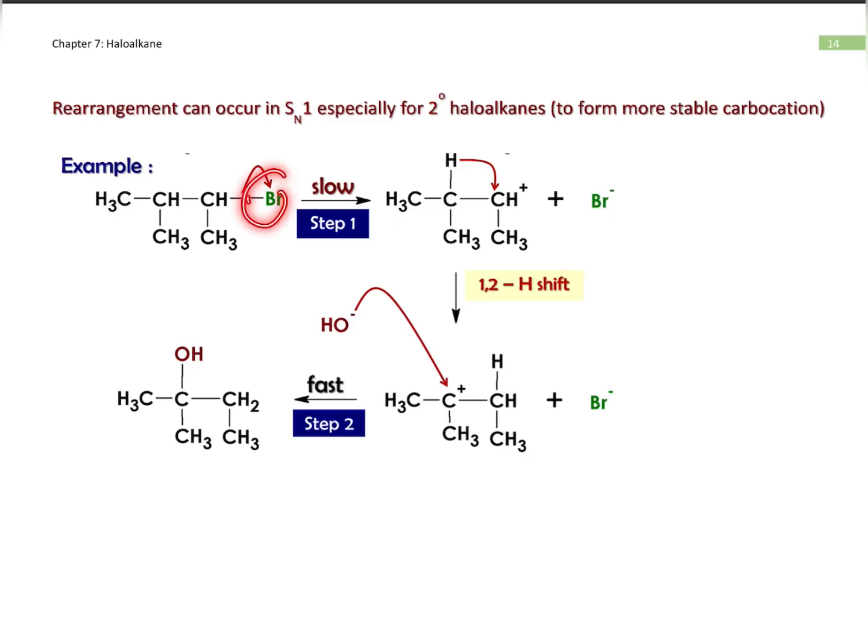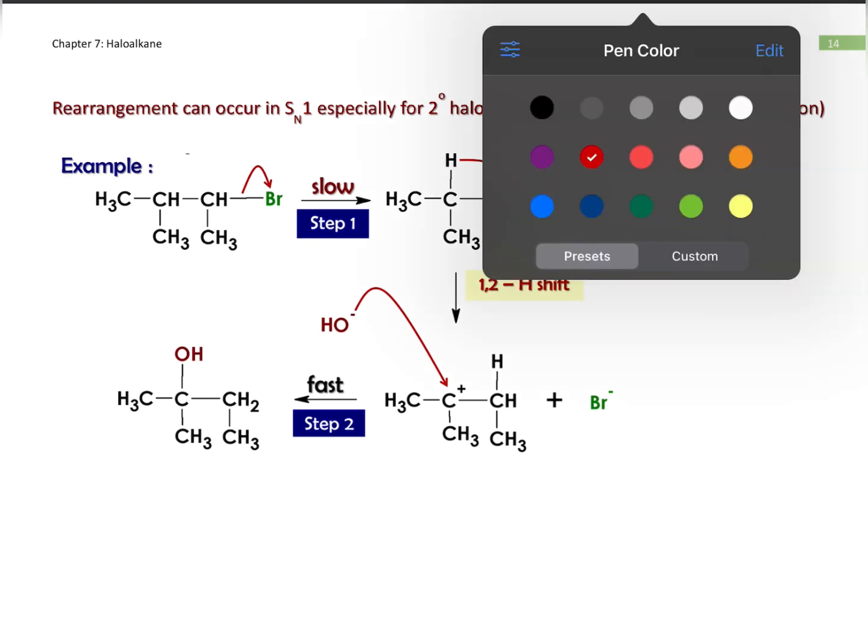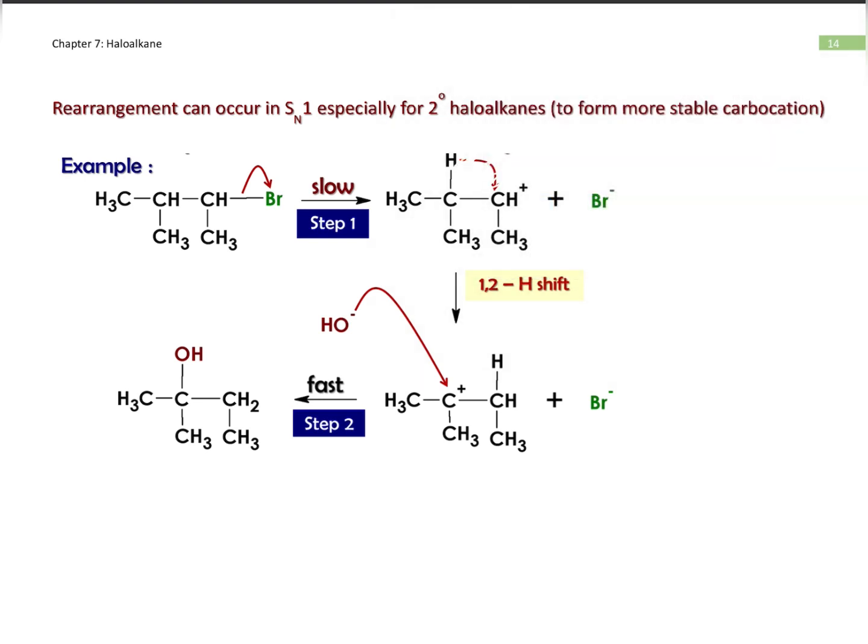First step masih lagi formation of carbocation, and halogen akan leave sebagai halide ion. Since Br adalah halogen and it is a good leaving group, then dia stable untuk exist sebagai Br minus ion. So kamu akan form carbocation at the first step, and then this is your secondary haloalkane. So bila secondary haloalkane, ada possibility untuk rearrangement. So untuk rearrangement, okay, kita tulis beginilah supaya senang nampak.